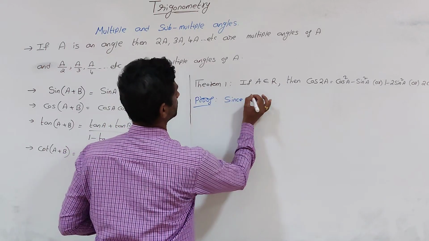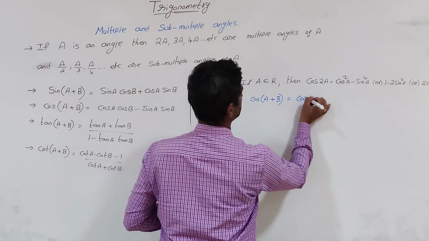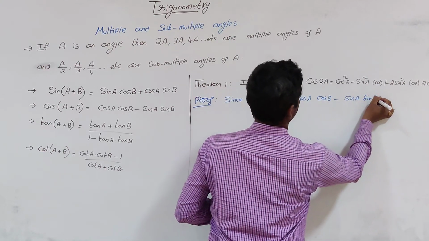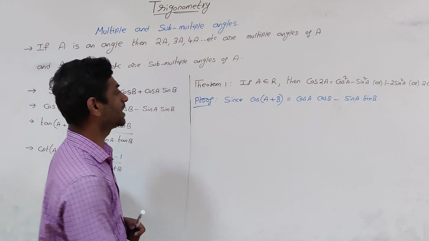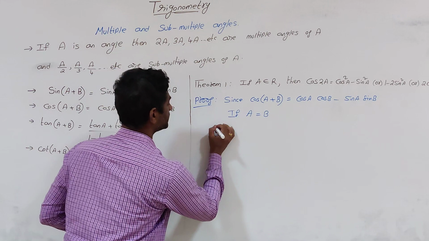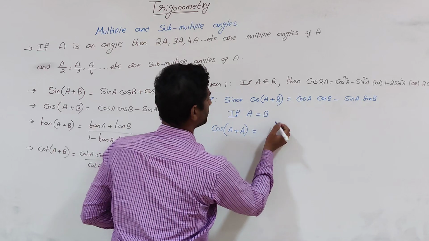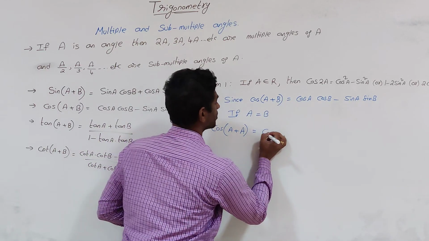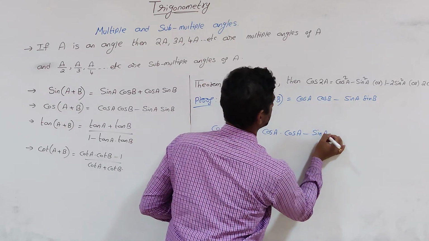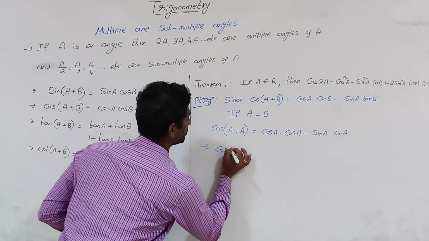Since cos of A plus B is cos A cos B minus sin A sin B. If both are equal, if A is equal to B, then what is the case? Cos of A plus A, replace B with A: cos A into cos A minus sin A into sin A. So that will be cos of 2A.